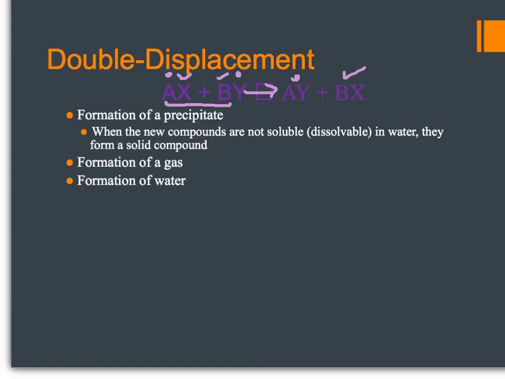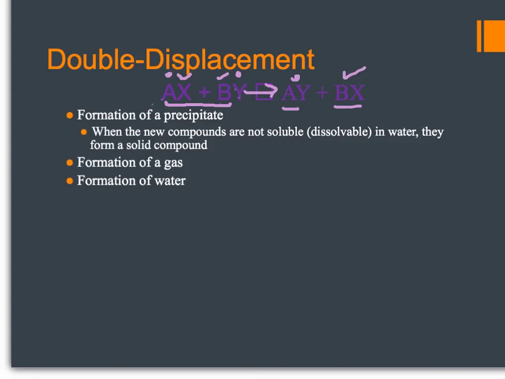in this example. Many times, these reactions are quite fun to look at because one of these two compounds will end up being insoluble, which means that they do not easily dissolve in water. And so we'll start with two very dissolvable substances over here, AX and BY.